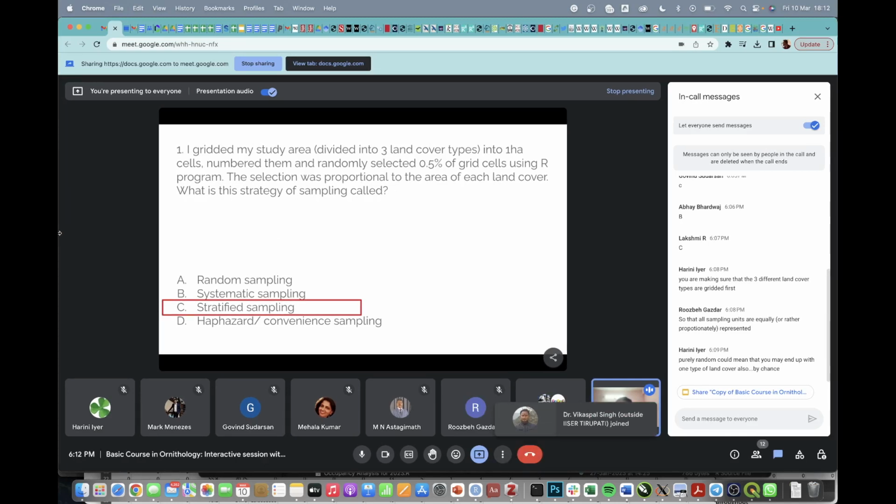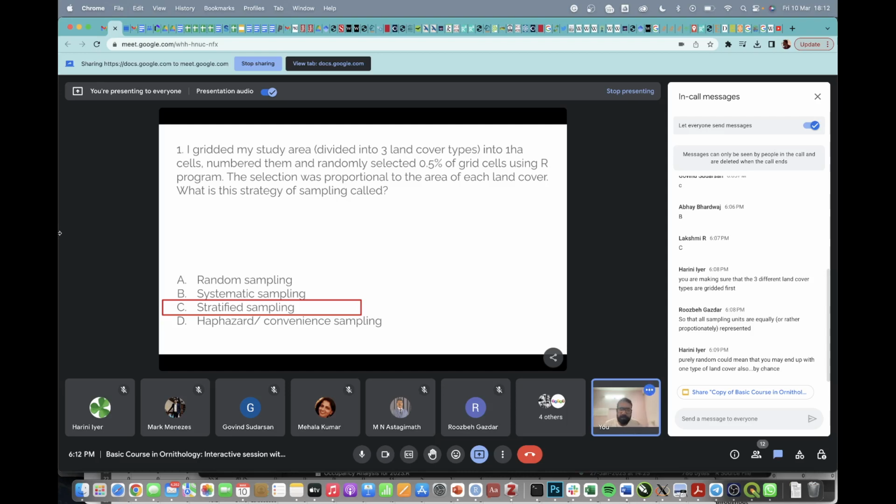Harini says random could mean that you may end up with one type by chance. But it's a big area, and I have a huge number of plots. Like I said, it's 1,000 hectares. 20% is land cover A, 30% land cover B, 50% land cover C, and I have some 1,000 plots.